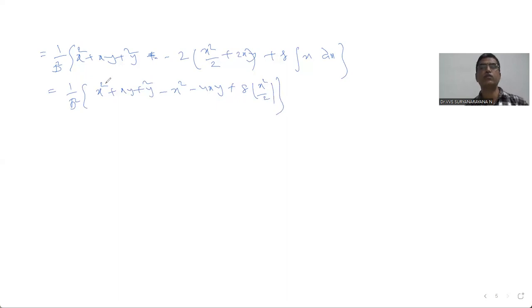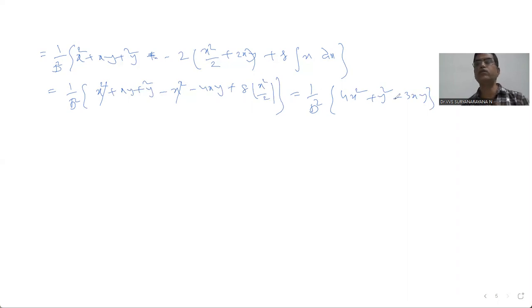And see what happens now. The x square will be cancelled. So we got 1 by D square of xy plus y square minus 4xy plus 8x square by 2, which is 4x square. So here 4x square, here y square, here xy minus 4xy is minus 3xy.